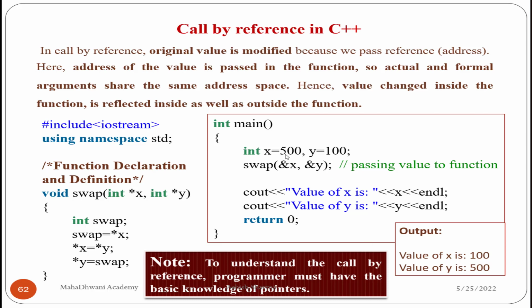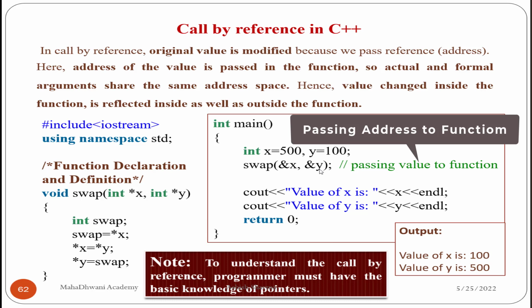So the original values are modified, because the original value of x was 500 and now it is 100, and the original value of y was 100 and now it is 500. These values are modified because we interact with the address of the variable. We are passing the address to the function, not the value.